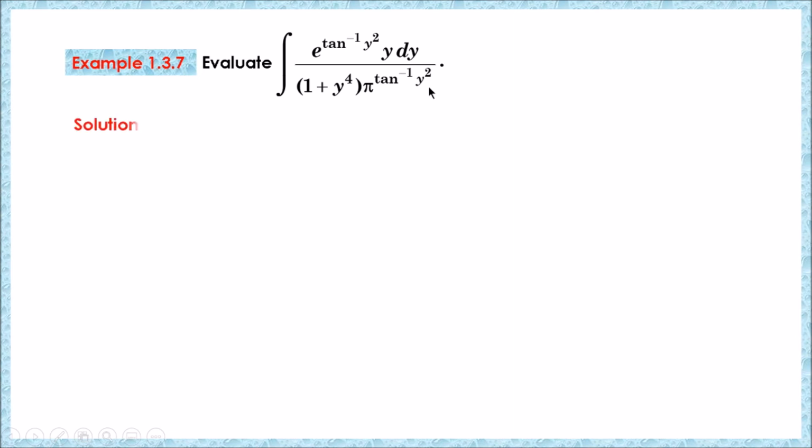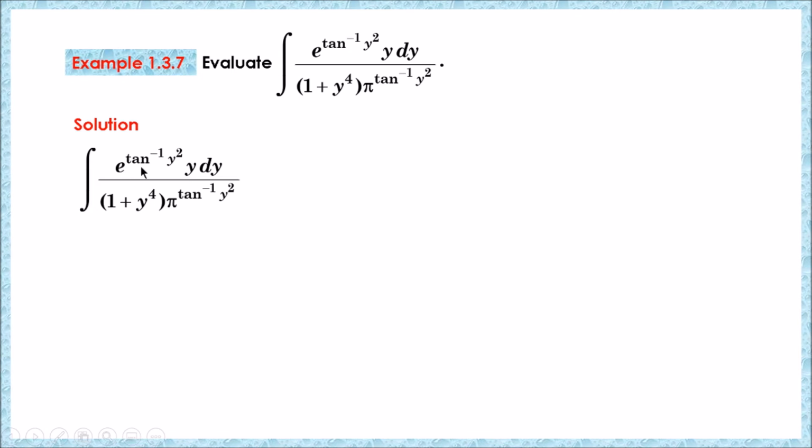Example 1.3.7. Evaluate the integral of e^(arctan y^2) times y dy over 1 + y^4, multiplied by pi^(arctan y^2). Solution. Given this integral, let us express it in the form of the integral of e^u du. Here there are two possible e^u.